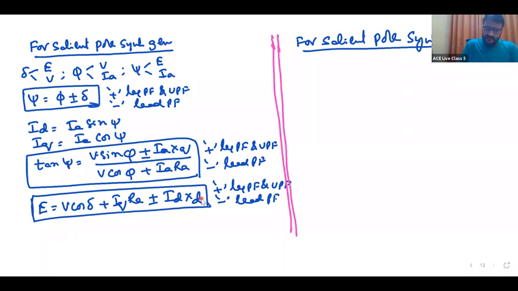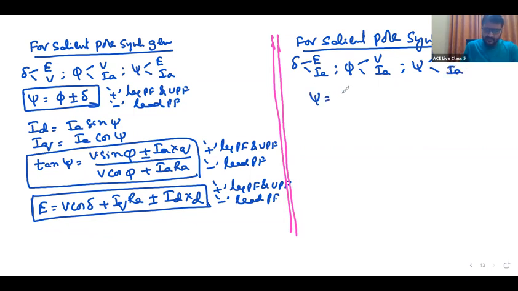So let me write here for easy understanding purpose. Delta is the angle between E and V, phi is the angle between V and IA, psi is the angle between EB and IA.